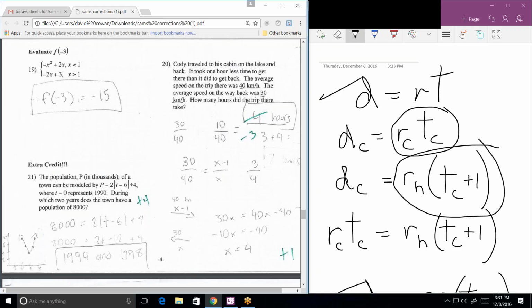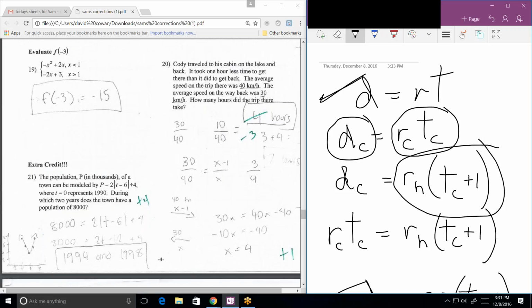And then you have to kind of take this distance equals rate times time and turn it into two trips. In other words, you had the trip to the cabin, and then you had the trip coming back. And the only thing we know about those two trips was that the distance was the same. So that's why I called that distance to the cabin, the rate to the cabin times the time to the cabin.